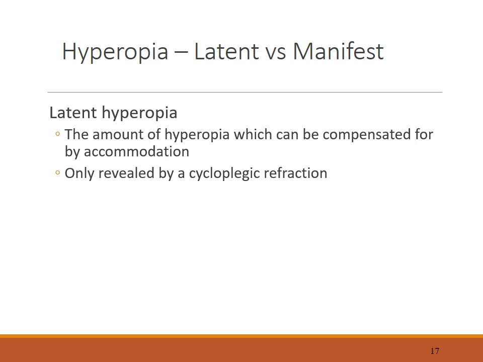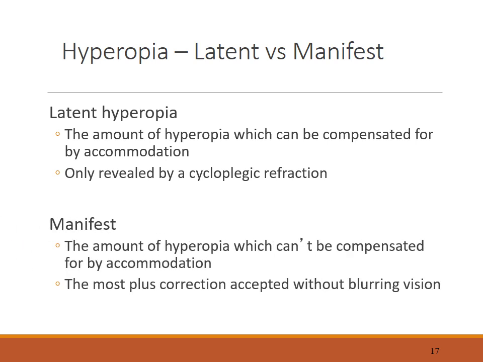You will learn cycloplegic refraction in the next semester. Manifest hyperopia is the amount of hyperopia which cannot be compensated for by accommodation, the maximum plus correction accepted without blurring the vision.